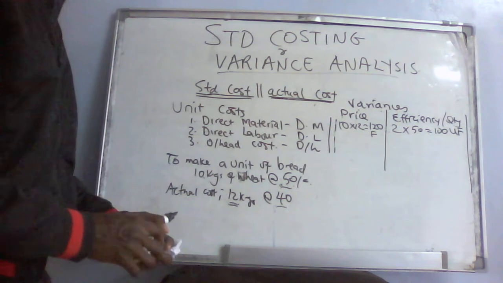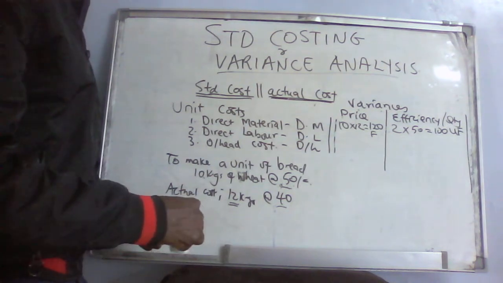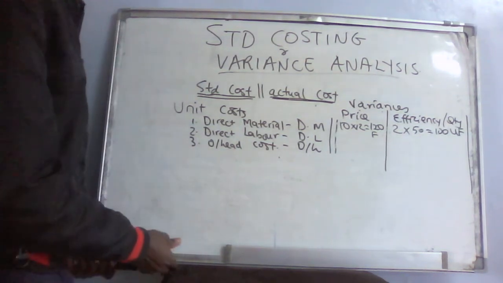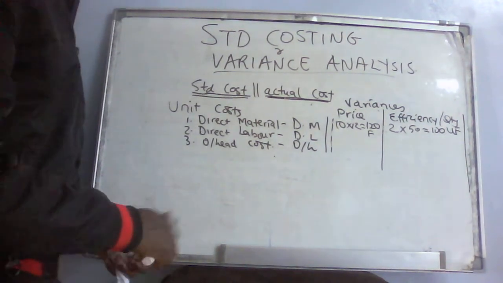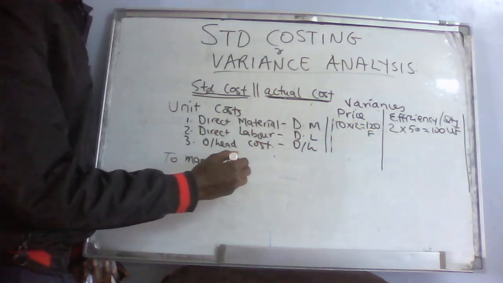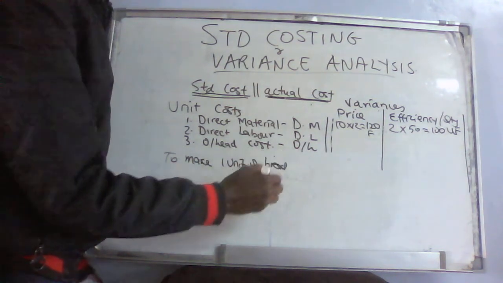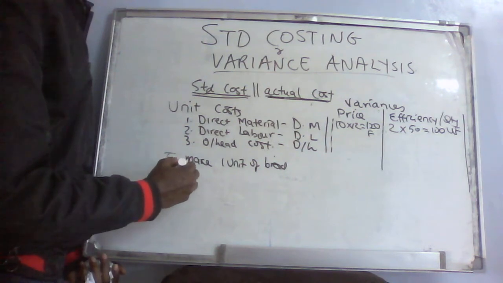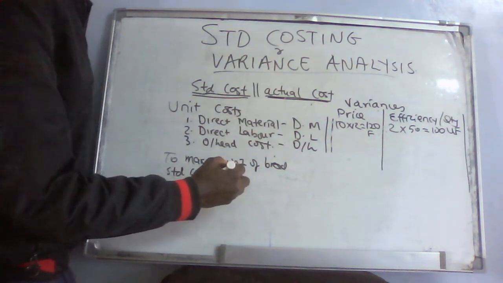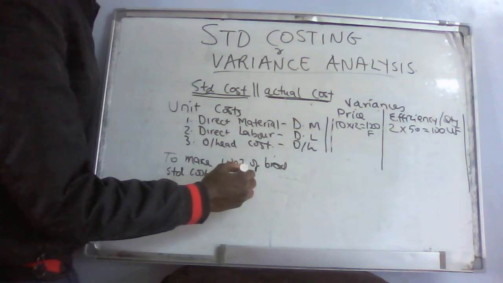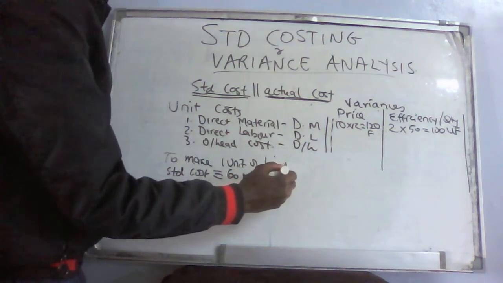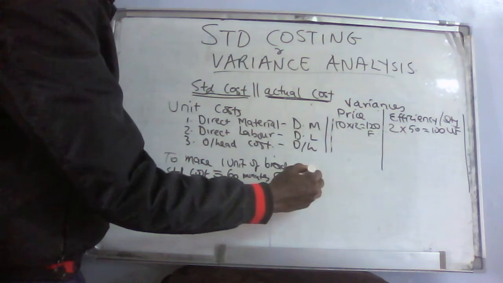So when we go to direct labor, let's assume that to make 1 unit of bread, the standard, or estimated or projected, cost is 60 minutes of labor at, let me say, 300 per hour.